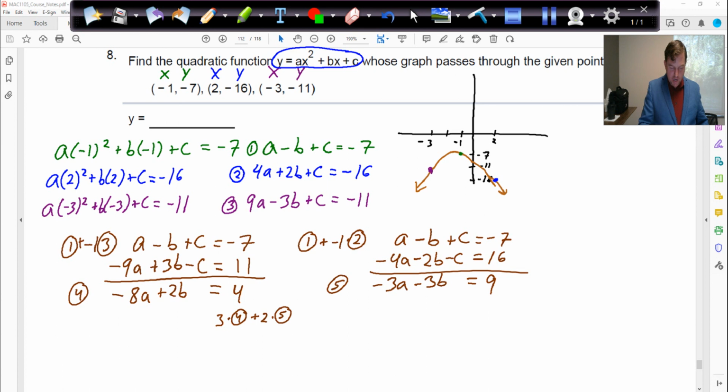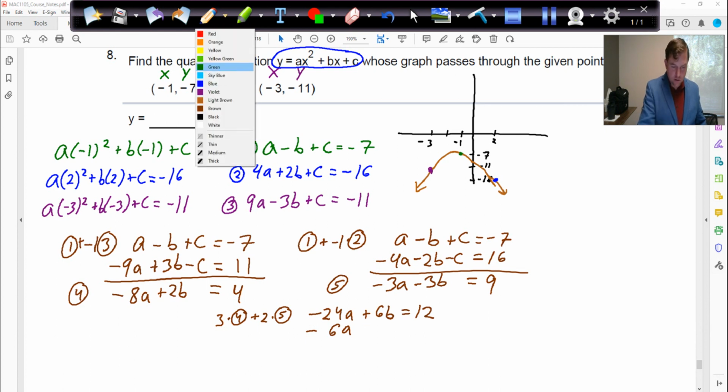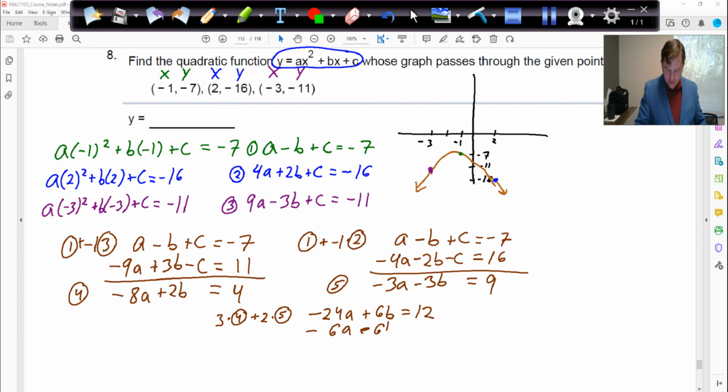So 3 times equation 4 would be minus 24a plus 6b equals 12. 2 times equation 5 would be minus 6a minus 6b equals 18. Add those: minus 30a, b's go away, and this is 30. Therefore, divide by negative 30, a is negative 1.